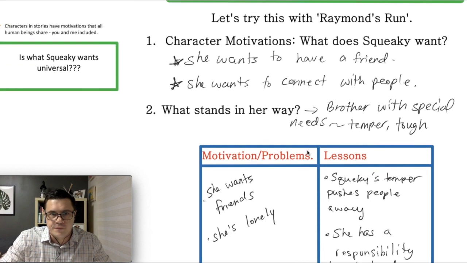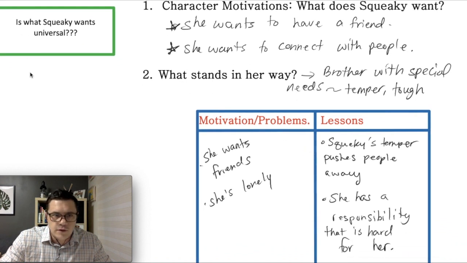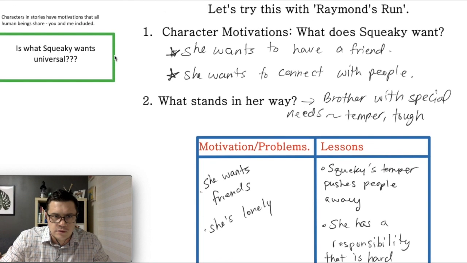Okay. Now, over here you'll see a question I wrote. Is what Squeaky wants universal? So what we mean here is that the desires, the motivation Squeaky has, is that unique to Squeaky, or is it something that we all share as human beings?